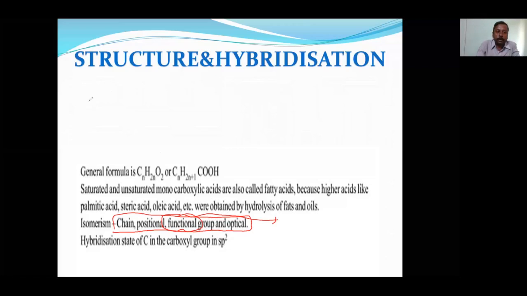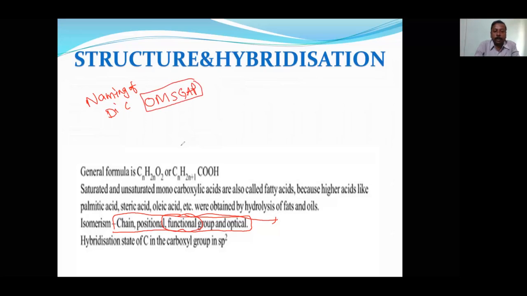Naming of dicarboxylic acid is very important. What is the rule? Ohm's gap. Other than that, some commercially important acids also I have given. You go through that. Understood? So these are the very important topics. I think now it is clear to everybody.